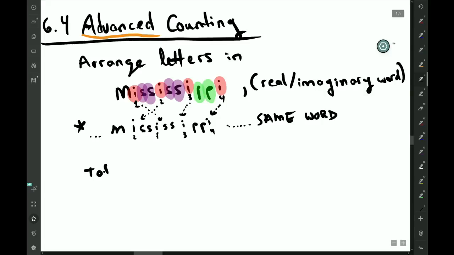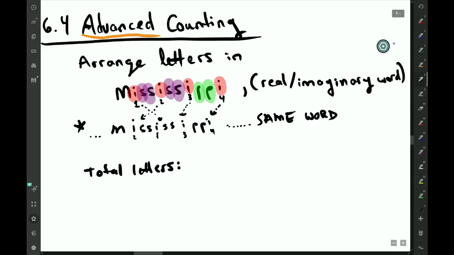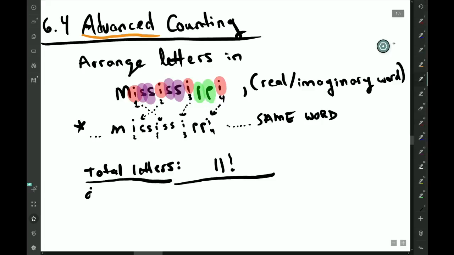So we're going to take the total things, or letters, in our case. Mississippi has 1, 2, 3, 4, 5, 6, 7, 8, 9, 10, 11 letters. We're going to factorial that. And we are going to divide by the different repeating letters, factorial specifically.